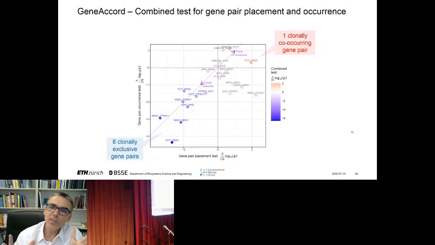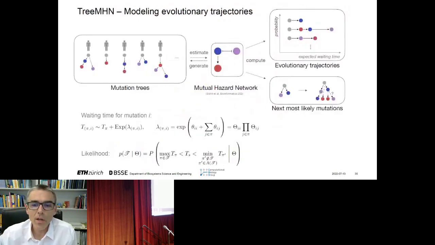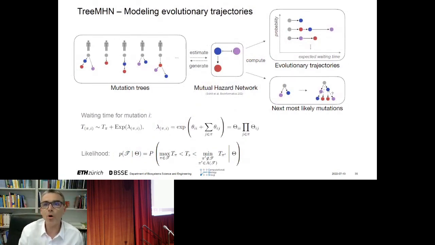Now, this is a testing framework to identify specific pairs. The next step we took was to devise a full generative probabilistic model that gives rise to these trees and at the same time captures what they have in common, including patterns of clonal exclusivity and co-occurrence.